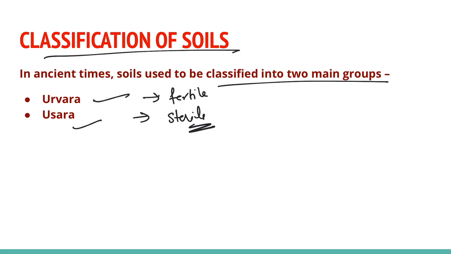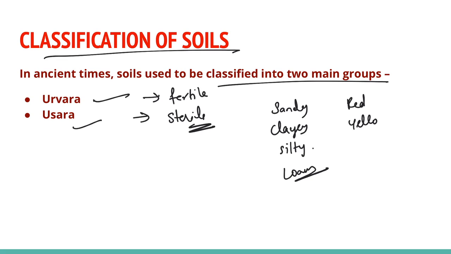Based on the texture, main soil types were identified as sandy soil, clayey soil, silty soil and loam soils, etc. On the basis of colors, they were red, yellow, black, etc.